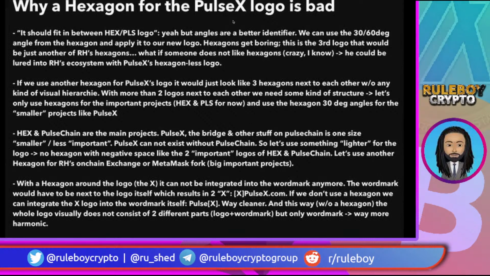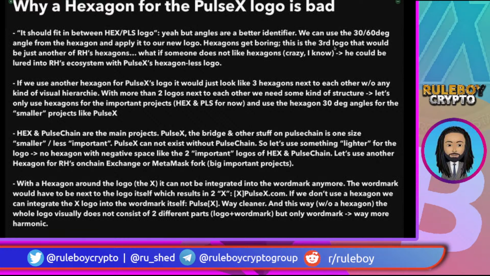Firstly, he said it should fit in between the Hex and the PLS logo. But angles are a better identifier, so we can use the 30 to 60 degree angle from the hexagon and apply it to our new logo. Hexagons get boring.